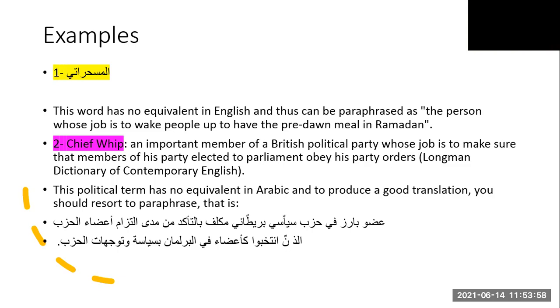Paraphrase, شرح, as you can see in the Arabic. عضو بارز في حزب سياسي بريطاني مكلف بالتأكد من مدى التزام أعضاء الحزب الذين انتخبوا كأعضاء في البرلمان بسياسة وتوجهات الحزب. So this is what we mean by paraphrase. And of course we do this when there is no equivalent at all for the word, whether Arabic or English. So this is the first strategy, paraphrase.